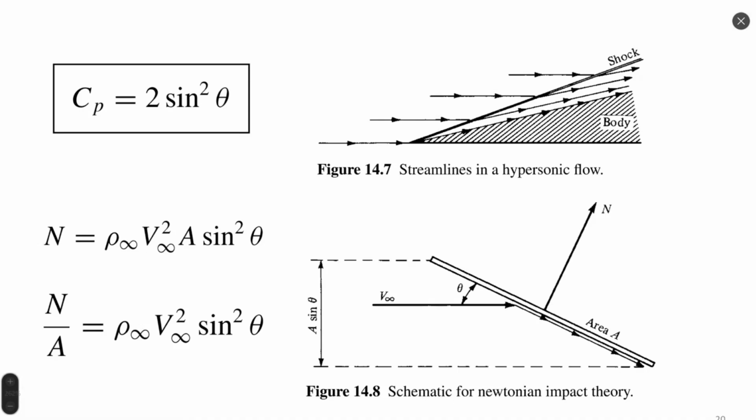This Cp is calculated for a flat plate. And since we can calculate Cp, we can integrate and obtain normal and axial components, normal and axial force, which you can also see on the screen: the normal force would be the infinite density multiplied by velocity squared by area and the sine squared of theta.